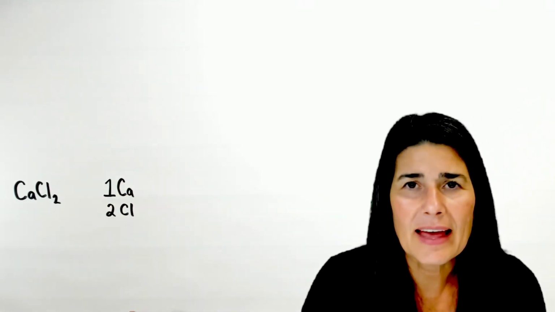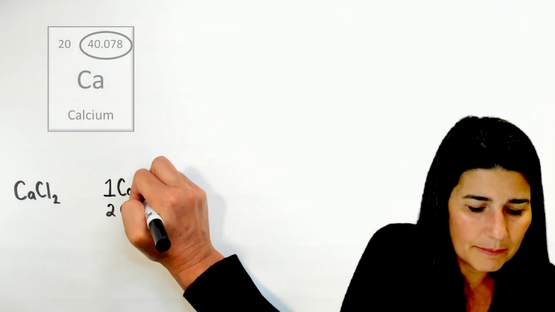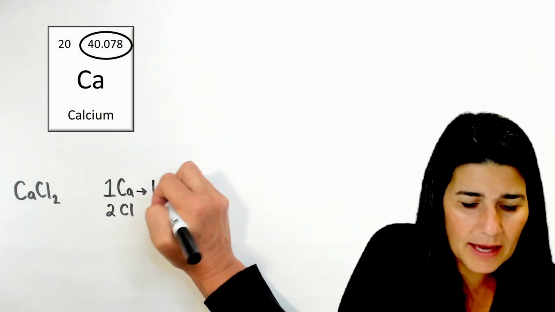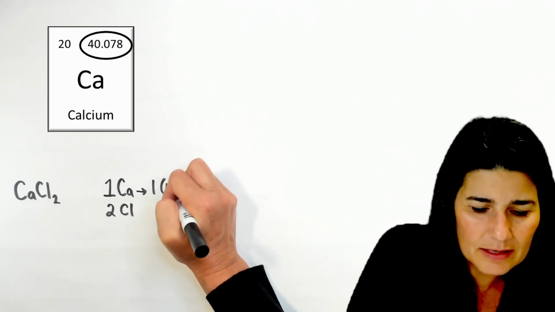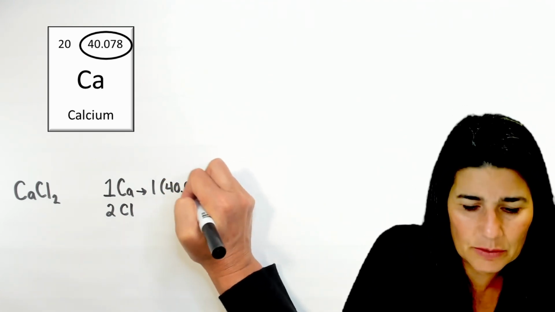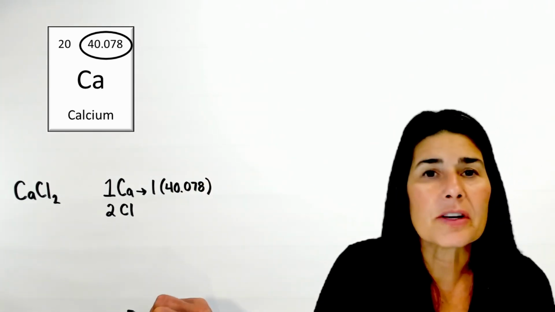So you're going to look on your periodic table. For calcium, we've got 1 calcium, and the atomic mass of calcium is 40.078 AMU. Now, what about the chlorine?